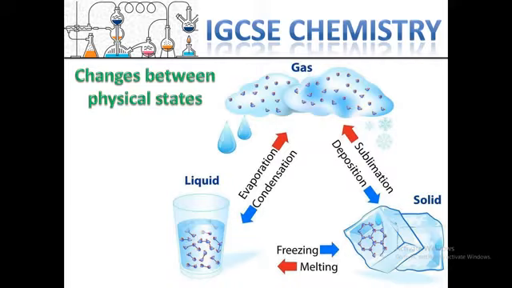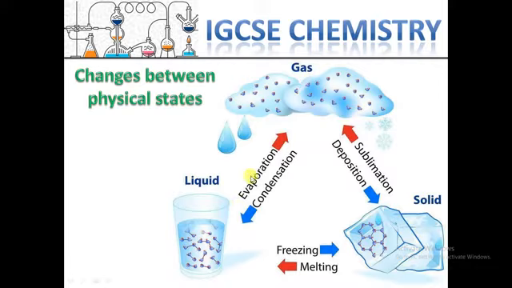Changing from gas to liquid is called condensation, and from liquid to gas is called evaporation. Evaporation is like when the sun heats the surface of a lake or sea, then the water evaporates and moves up to the sky.